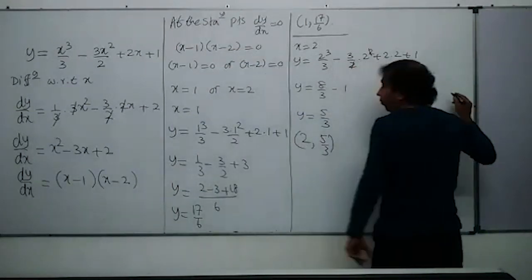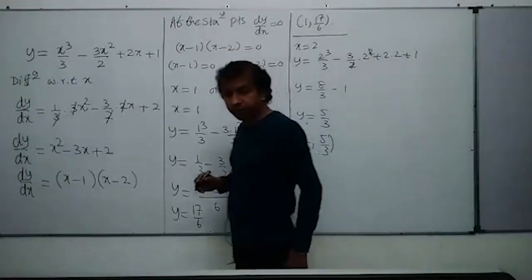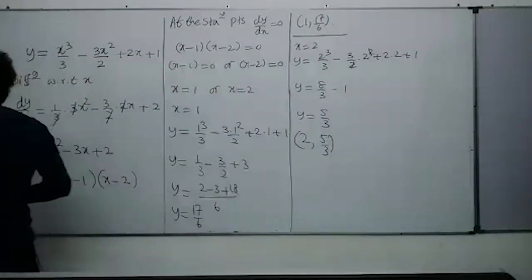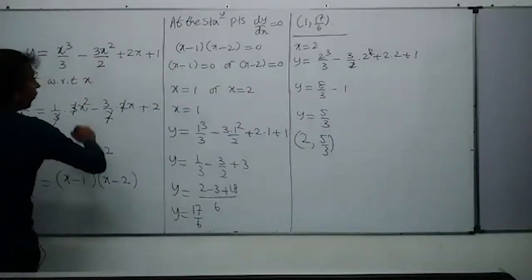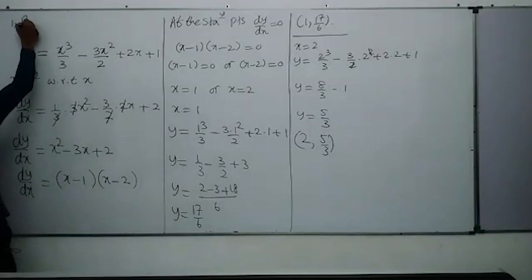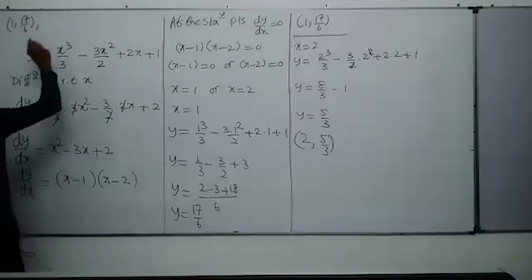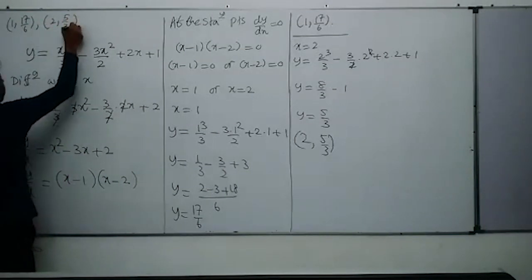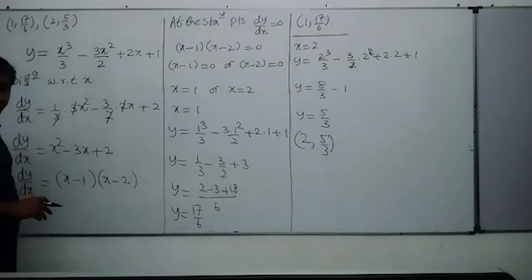The 2 points, therefore, we now have with the coordinates: first point is (1, 17 upon 6), second one (2, 5 by 3), like this. Okay.